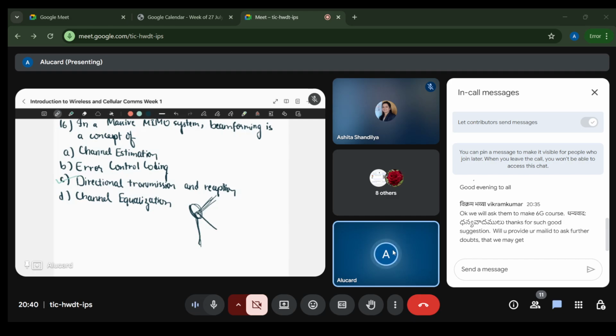So beamforming is a method to focus your radio waves in a particular direction as much as possible. And in MIMO, there will be multiple antennas arranged in an array usually, which will help you with this type of beamforming.